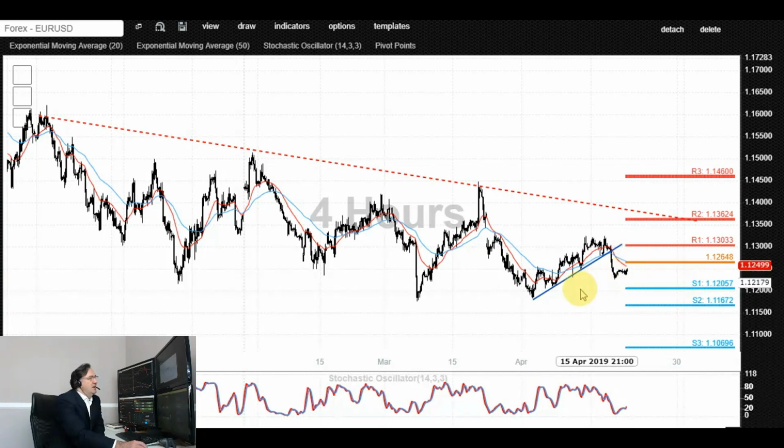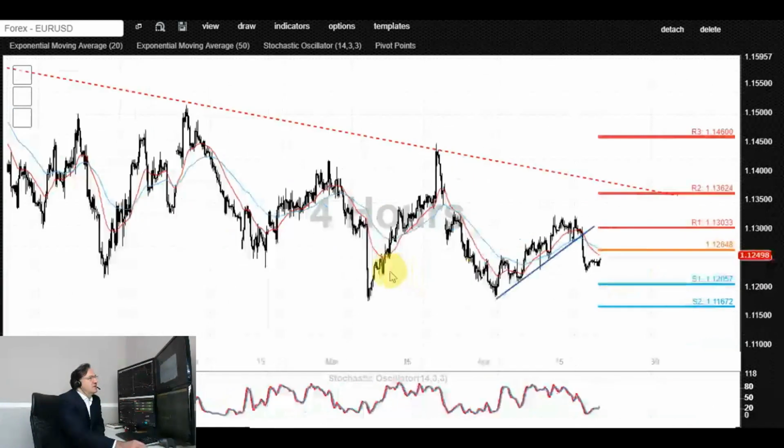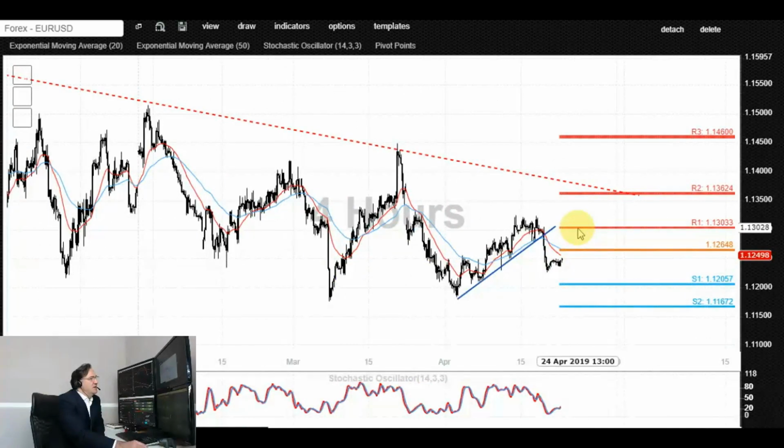If we see any rallies from the current levels into that spot 13, it would be considered to be a retest of that level as a newly found resistance because it was support in the past.